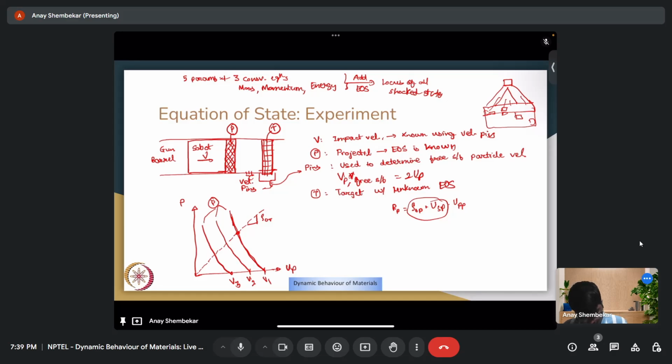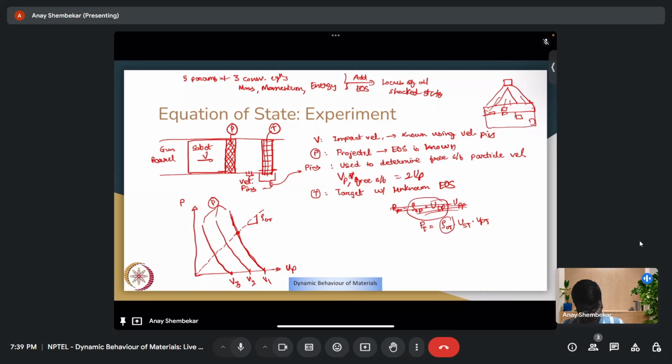Now I should talk about the target, UST, PT. We know rho naught T, which is the initial density, or rather the shock-free, resting material density.